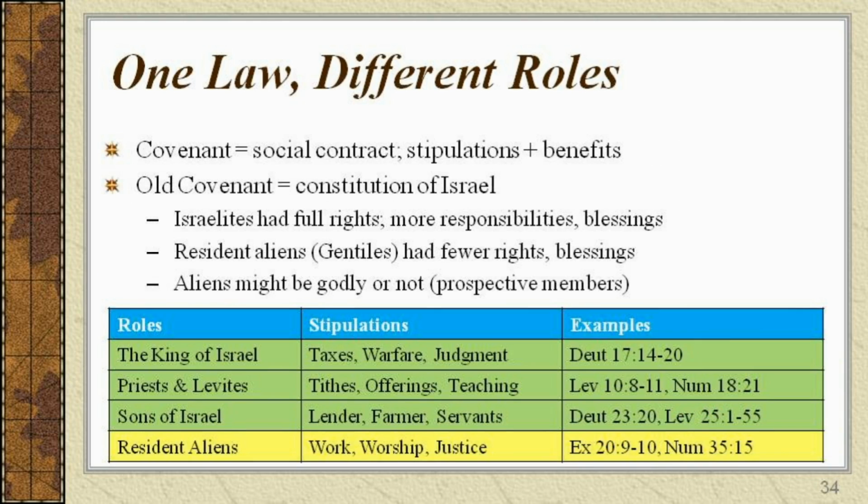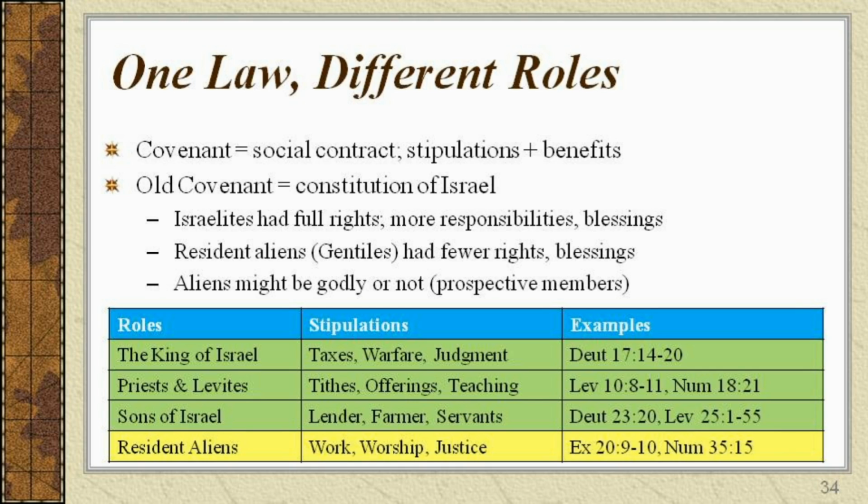To understand this material, we need to remember that a covenant is a social contract that exists between 2 parties. In the ancient Middle East, a covenant included a list of stipulations or obligations that the 2 parties had to obey, as well as a list of benefits that were provided in exchange for this obedience.